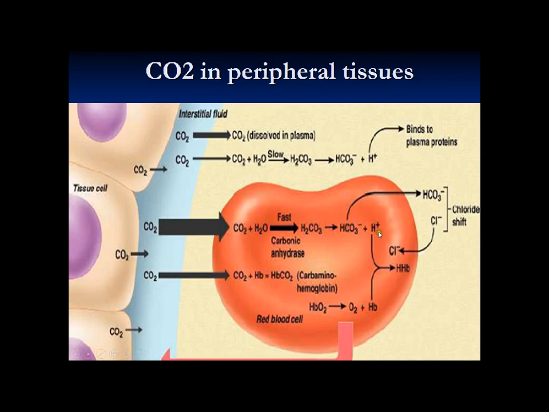It dissociates into hydrogen ions and bicarbonate. Bicarbonate leaves the RBC, and chloride enters the RBC in place of the bicarbonate. Now the hydrogen ion dissociated from the carbonic acid will bind with the hemoglobin in the tissues, where hemoglobin releases the oxygen.